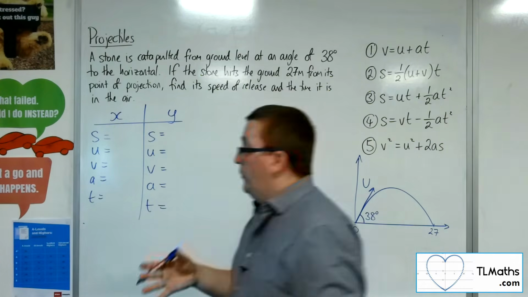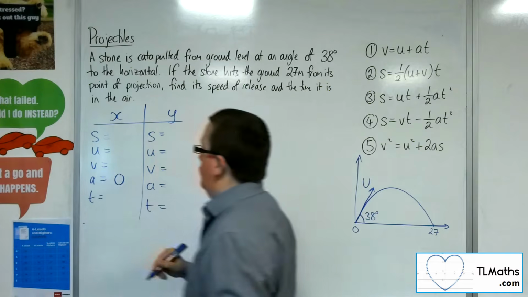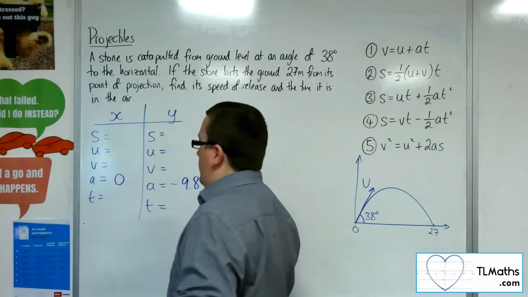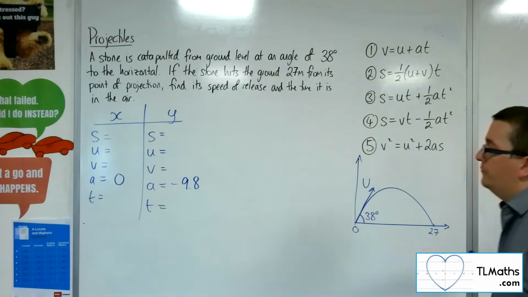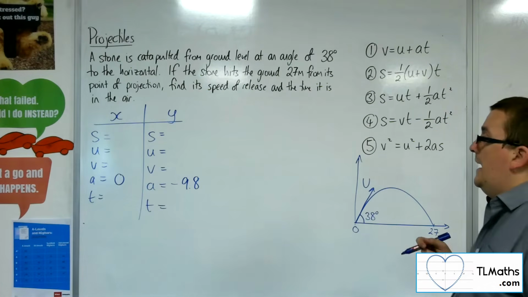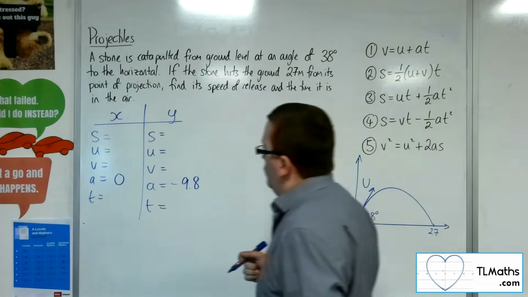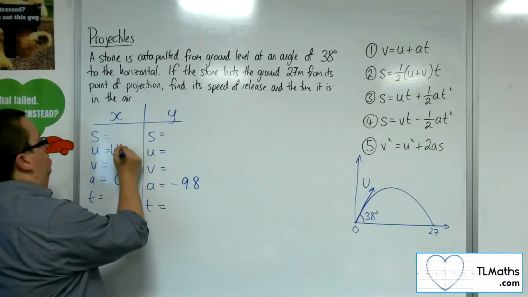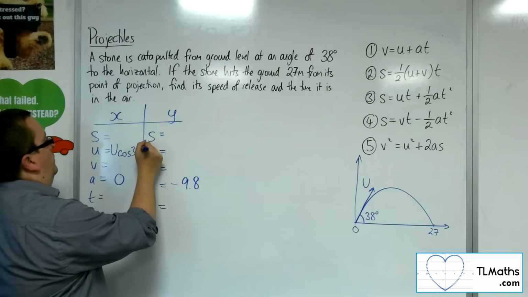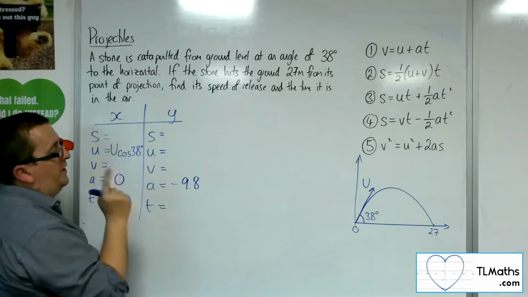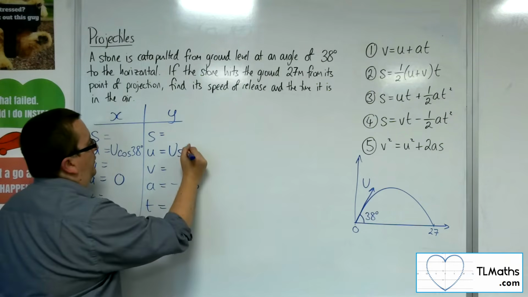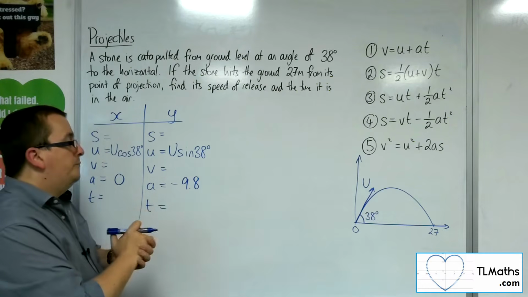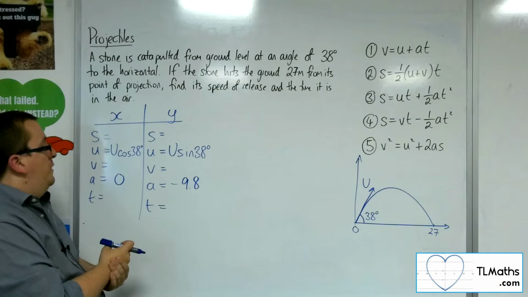Well, I'm not accelerating in the horizontal direction, and the only acceleration is minus 9.8 in the vertical direction. The initial velocity in the horizontal is u cosine 38, and the initial velocity in the vertical direction is u sine 38. I don't know the final velocities.